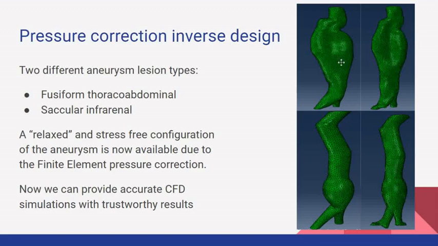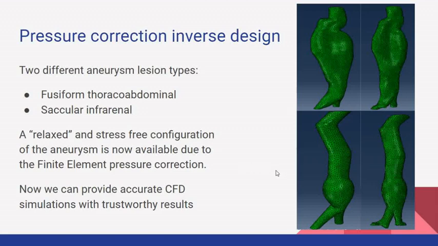Here you can see on the left, the one that I'm signaling with the mouse, the thoracoabdominal fusiform aneurysm before the pressure correction, and then on the right it is the same type of lesion but with the pressure correction parameter. So we can clearly see a more relaxed and stress-free configuration of the aneurysm that is now available due to the pressure correction parameter that we set in the finite element simulation.